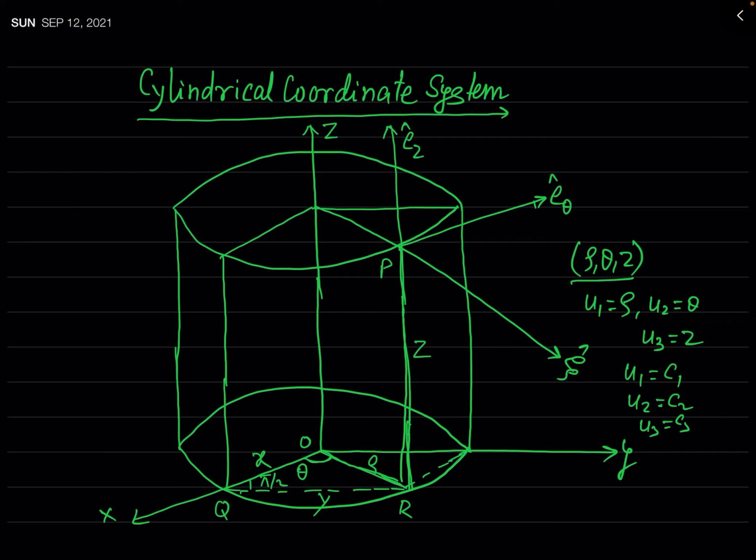Instead of E1 hat we write E rho hat, the unit vector in the increasing direction of rho. E theta hat is the unit vector normal to the surface theta equal to constant and tangential to the coordinate axis theta, in the increasing direction of theta. And Ez hat is written instead of E3 hat, in the increasing direction of z.